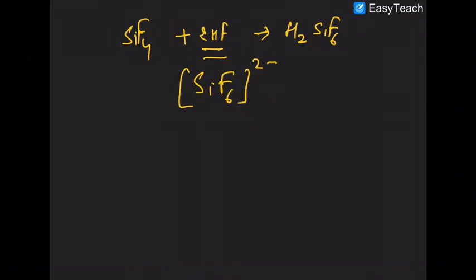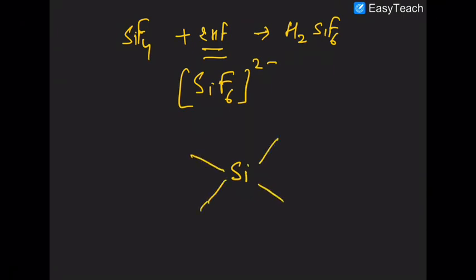In that case also silicon is the central atom, and you have 4 fluorine atoms at equal positions and 2 fluorine atoms at axial positions.